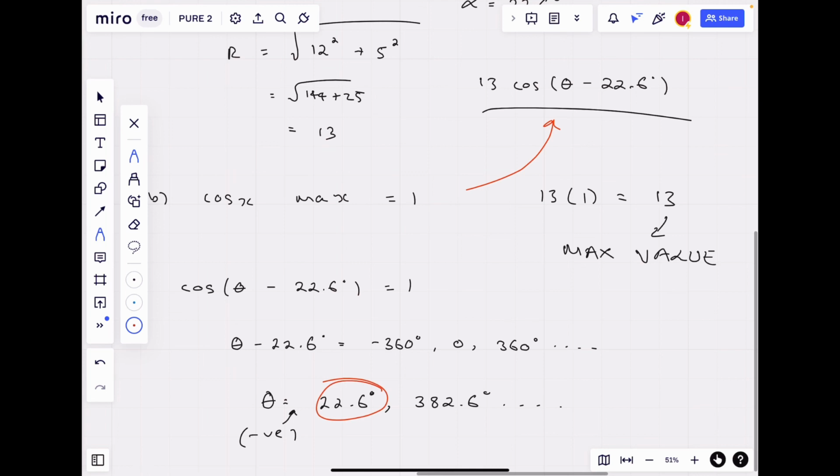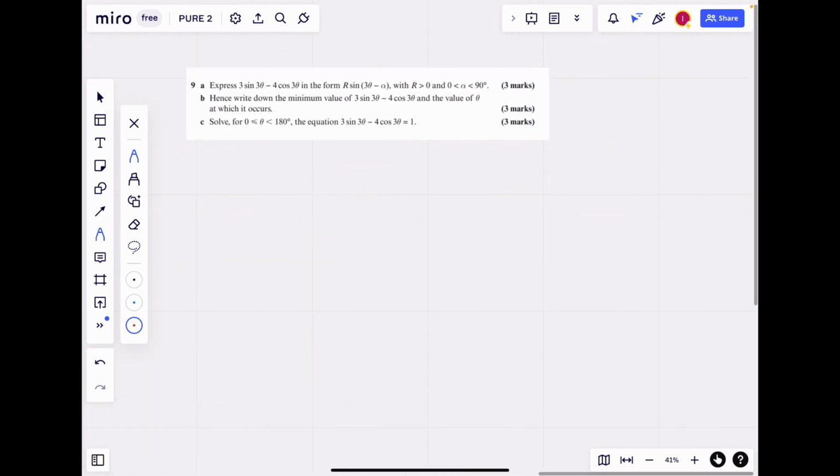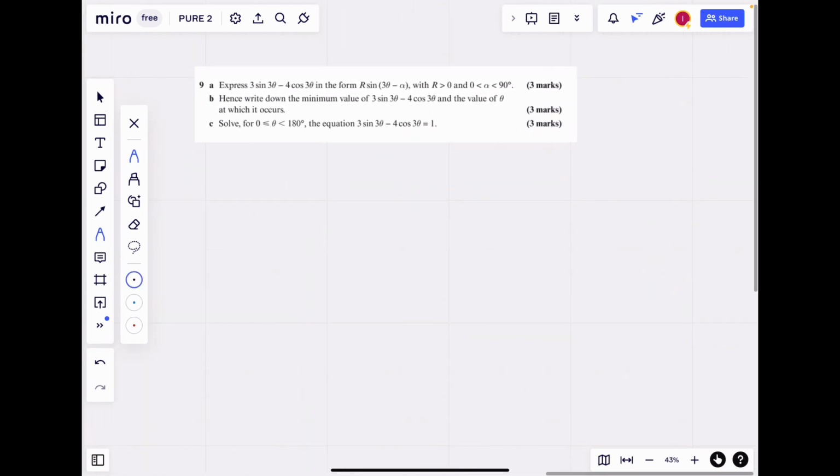I want you to try a question completely on your own. I want you to try question 9, please. Okay, so we have the format sine(3 theta minus alpha), which means we're going to use the sine addition formula.